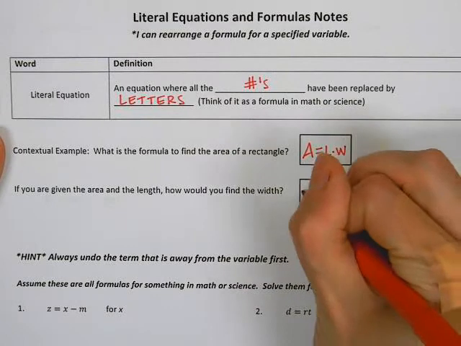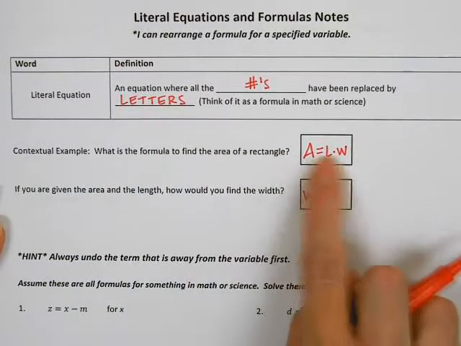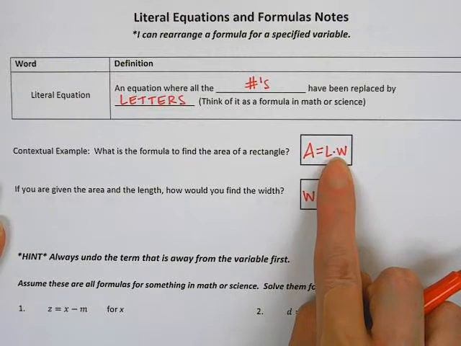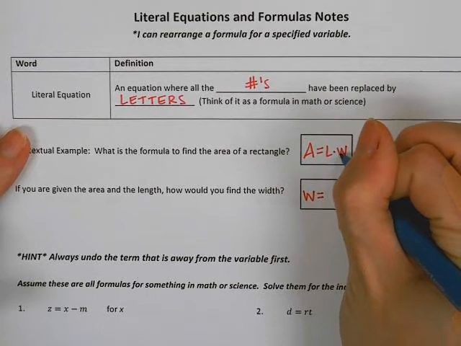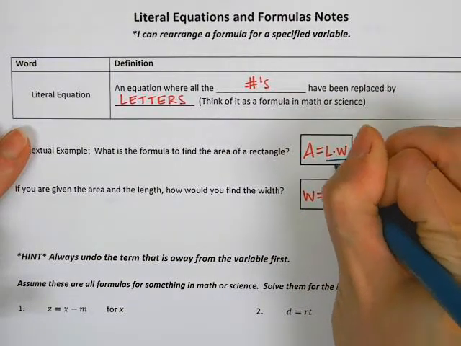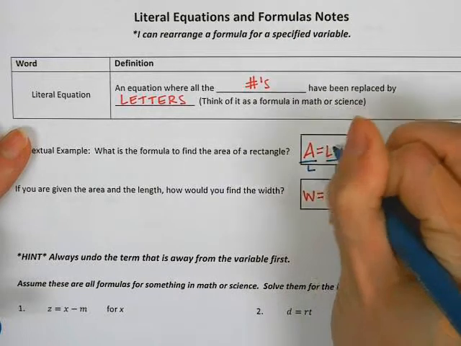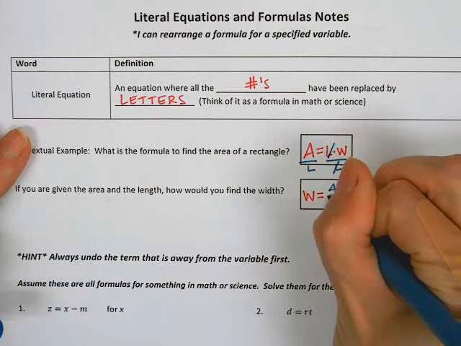If I was like, hey, tell me what W equals, what would you do to get W alone? And I'm hoping you guys would say, well, if we want to get W alone, to undo multiplying by L, we just divide both sides by L. And then we're left with W equals A divided by L.